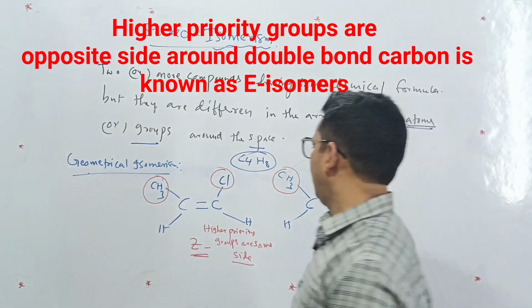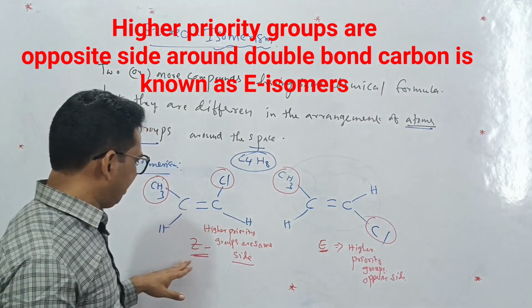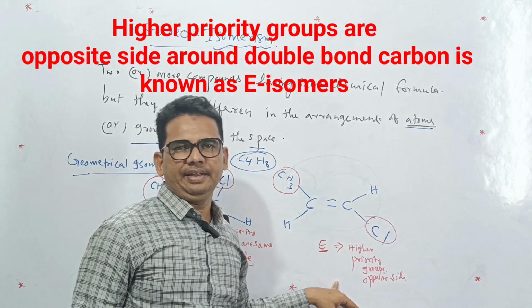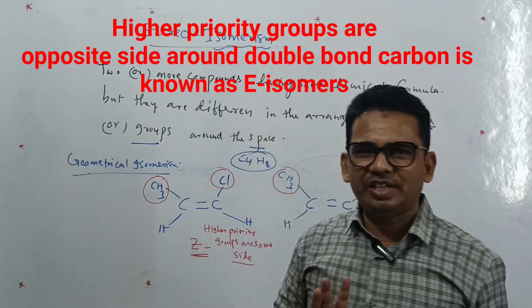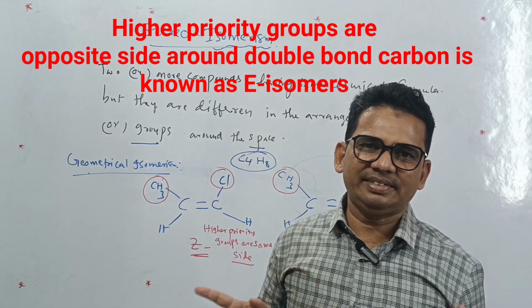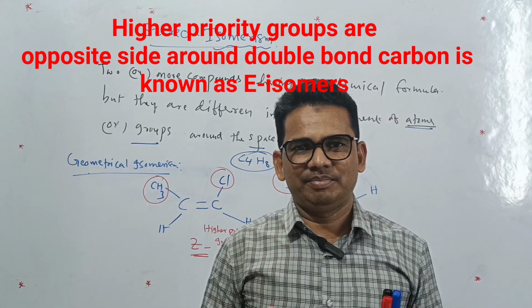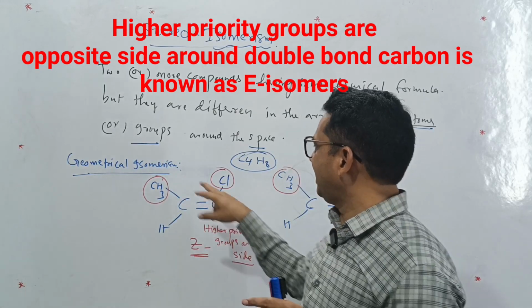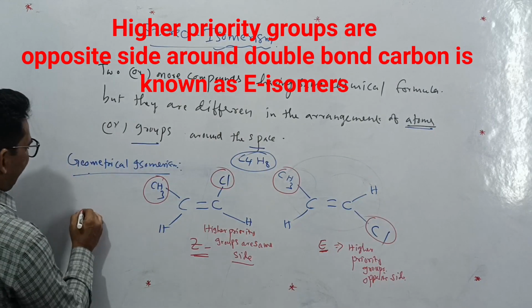I hope you understood what is meant by cis and what is meant by trans, and what is meant by the Z, what is meant by the E. Students generally think that Zusammen and cis are both the same. No, both are not same. The concept is same, but there we are taking the same type of groups. Cis means what we took here?